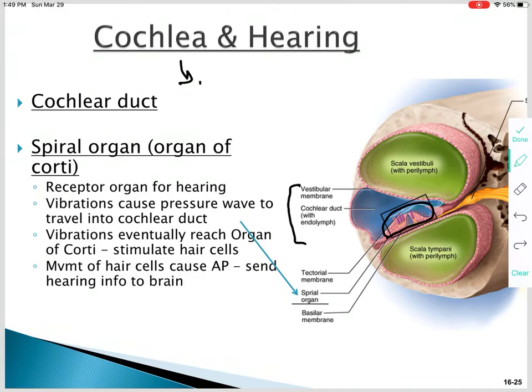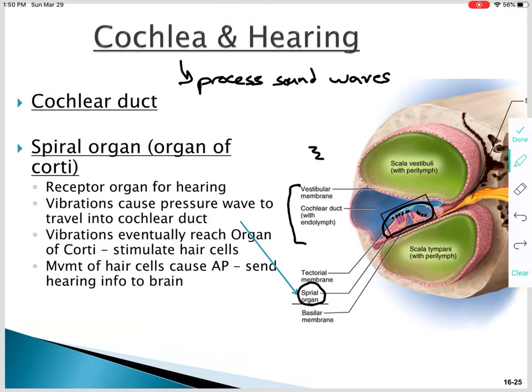The cochlea is what's going to help us process sound waves. Just like the retina of the eye helped us process light rays, it is the cochlea of the inner ear that helps us process sound waves. And how does it do it? We have these specialized cells in the spiral organ, and on top of each of these little cells are hairs.